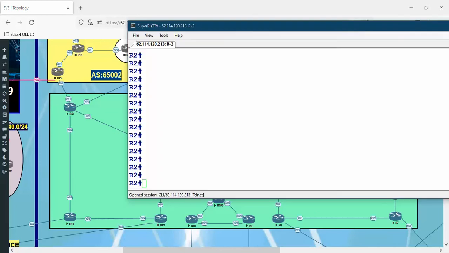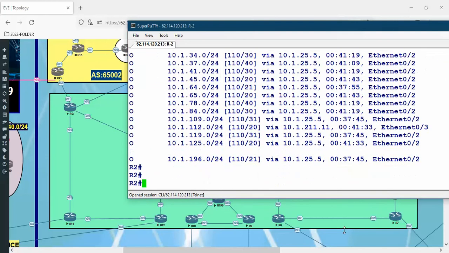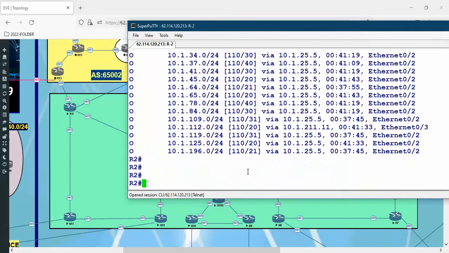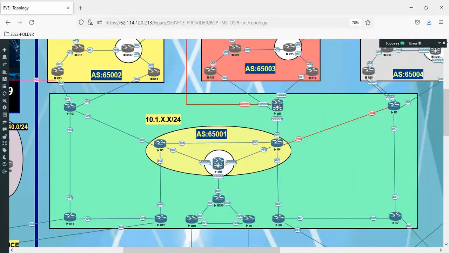So we're still on router 2, show ip route ospf. I have a problem just displaying the routing table. Anyway, in normal circumstances, we see each prefix on the topology, whether it's a transit or a loopback.